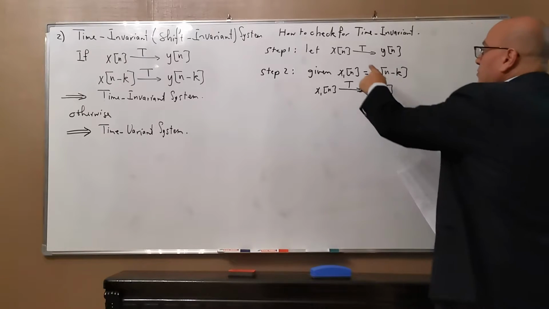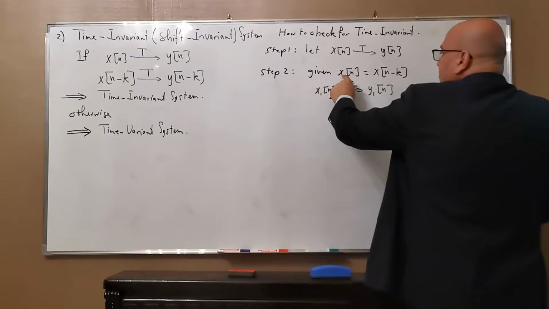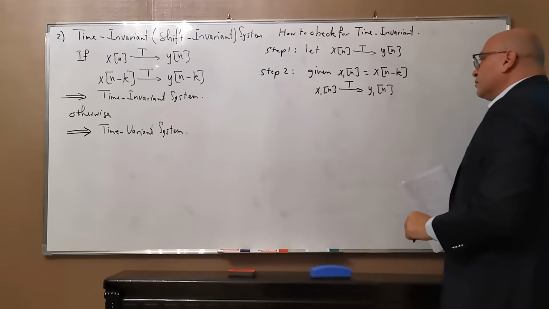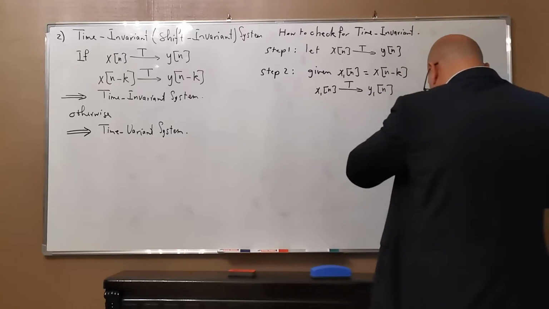So first apply x, get y, then take x and shift it by k and call it x1 of n. Apply x1 to get y1 of n through the system.